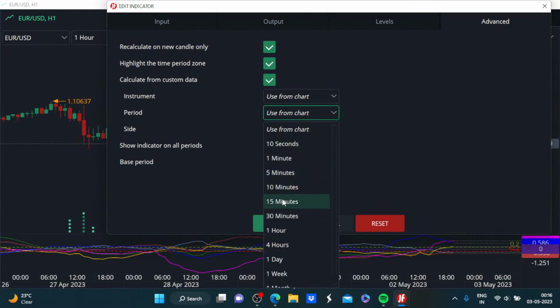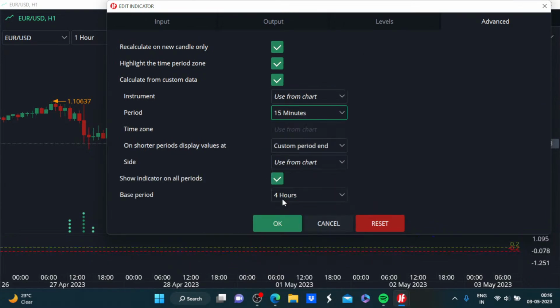So regardless of your chart's candle period, the plotting of the CSS currency slope strength will be different and calculated as per the predefined candle period for this indicator.